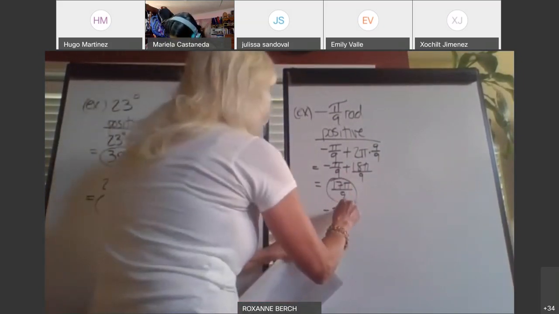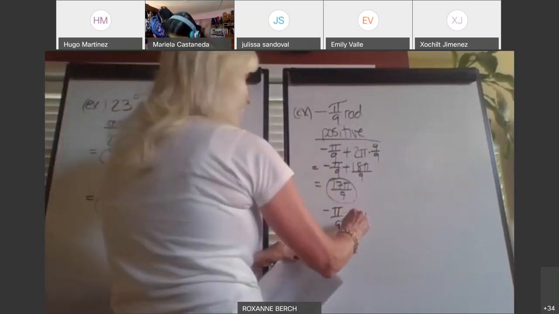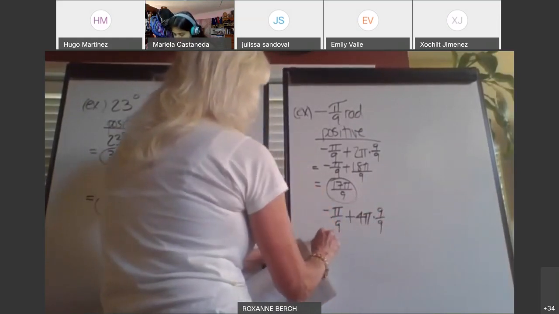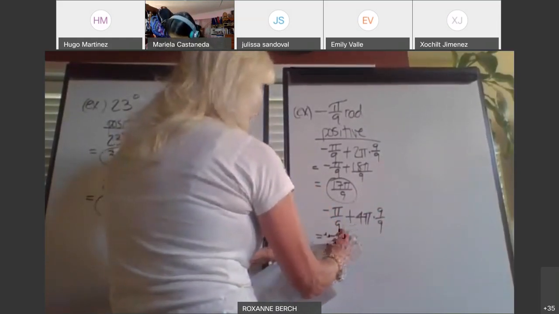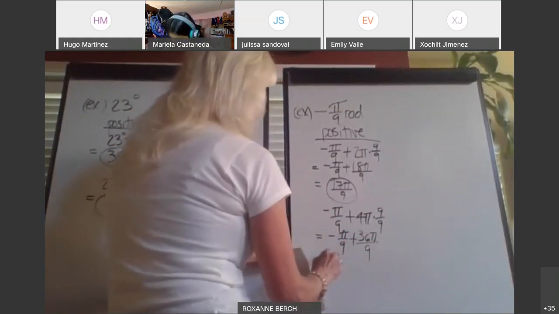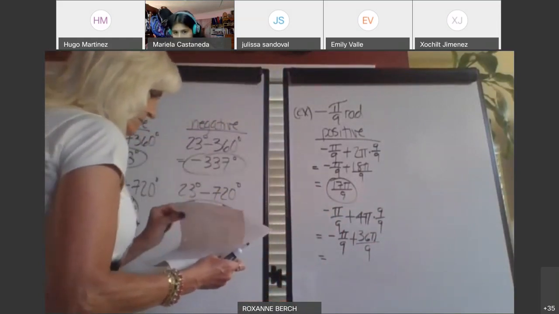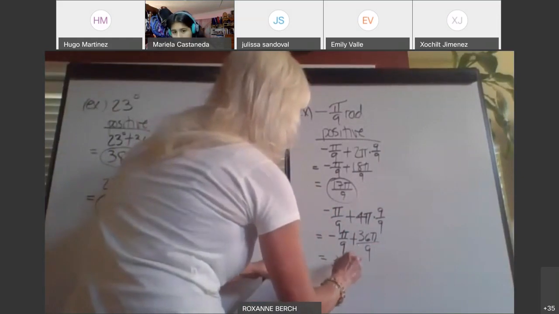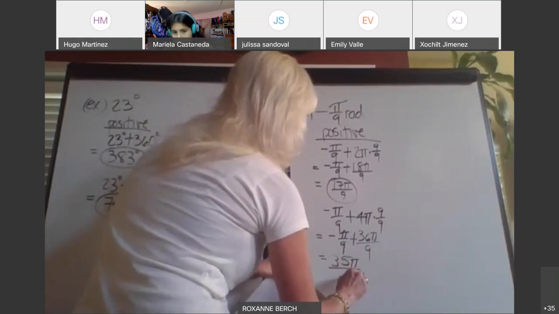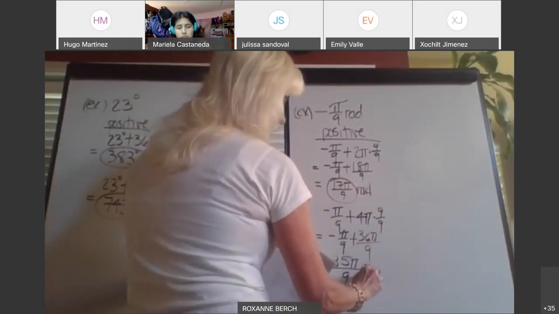The next one, you would have negative pi over 9, and instead of adding 2 pi, you would add 4 pi, need a common denominator. So this would be negative pi over 9 plus 36 pi over 9, which would be 35 pi over 9.